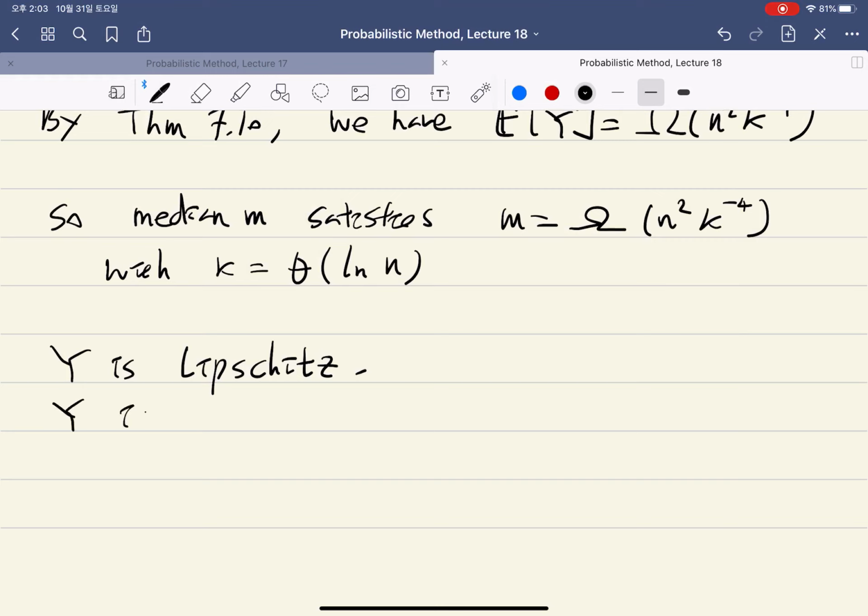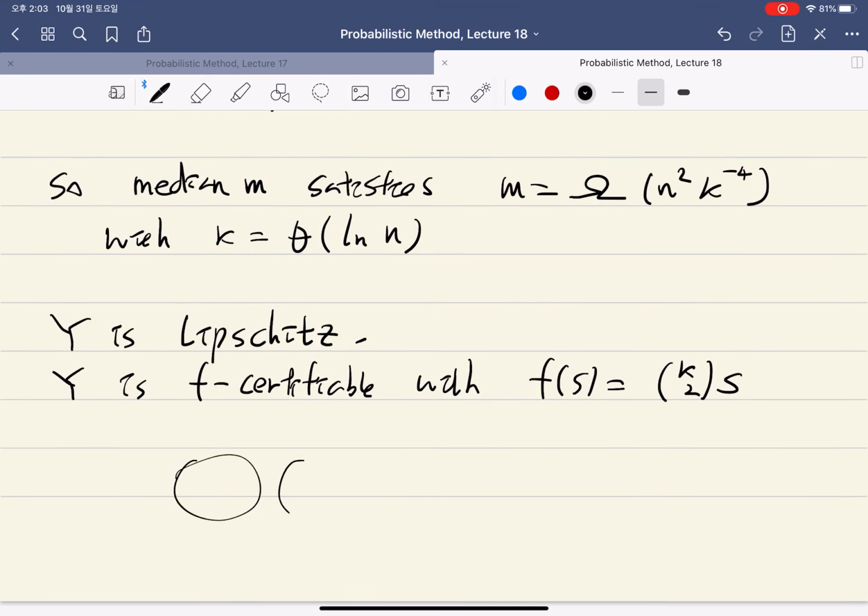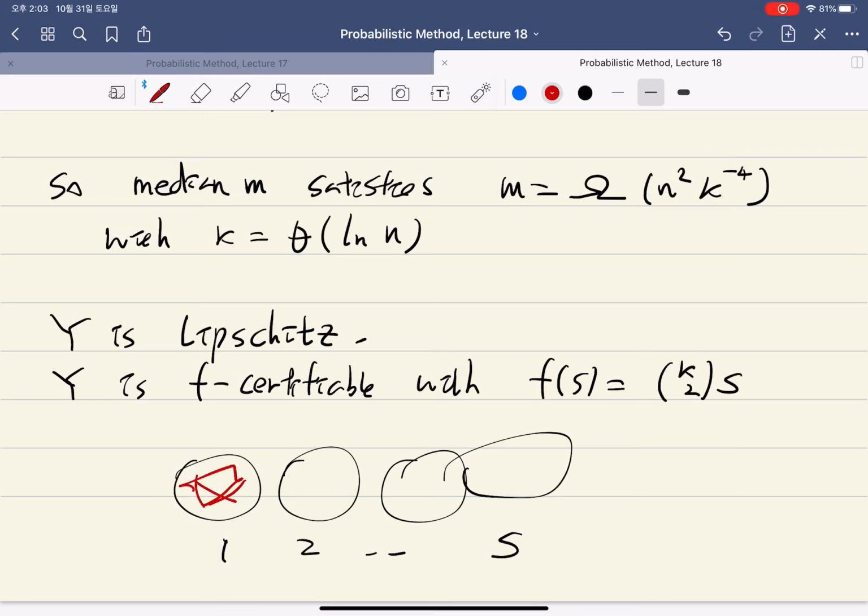And also Y is f-certifiable, with f of s being k choose 2 times s. Because if there are s edge disjoint k-cliques, then the number of edges inside them is k choose 2, k choose 2, k choose 2, k choose 2.